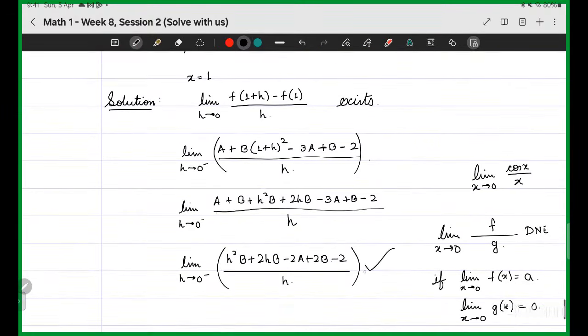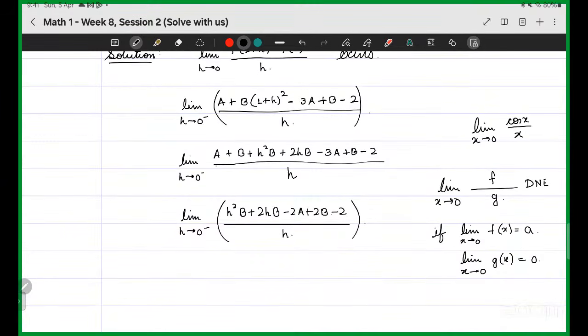Now, when would this limit exist? Following this argument, if I have a numerator which does not go to 0, would this limit exist? The limit of the denominator is 0. What is the limit of the numerator? If I substitute h equal to 0, what will I be left with?